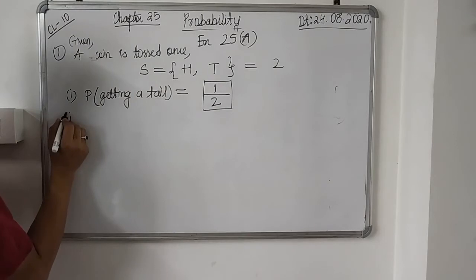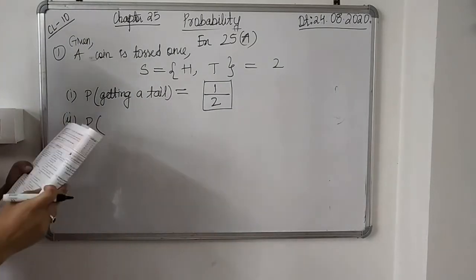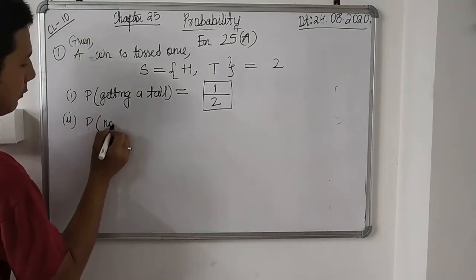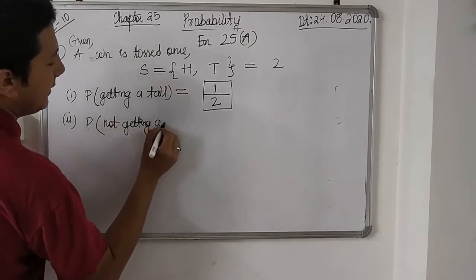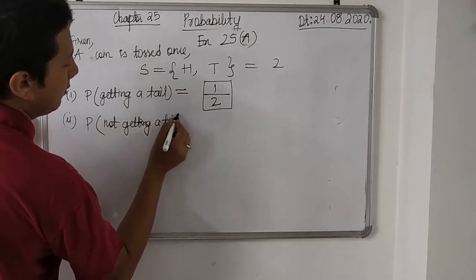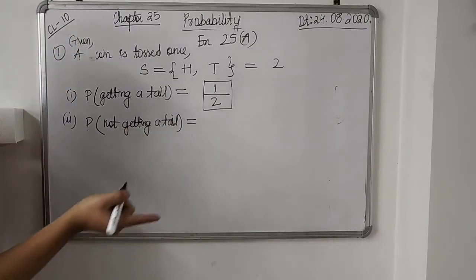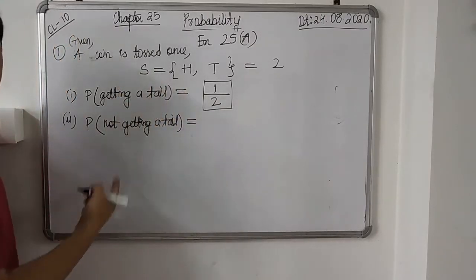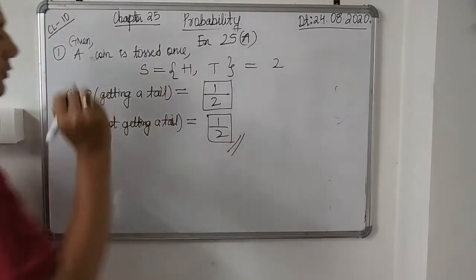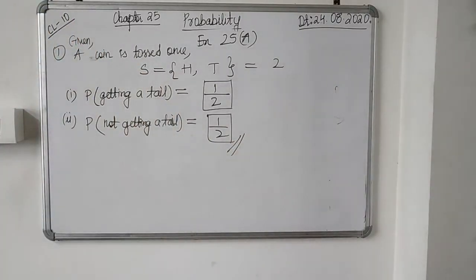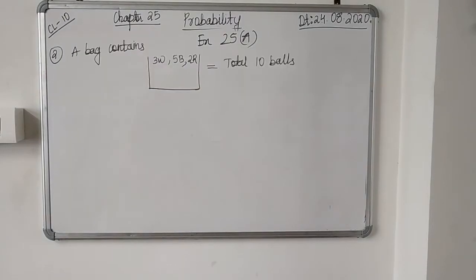Let's move to number 2. Probability of not getting a tail. Not getting a tail means obviously head. So how many chances? 1 divided by 2. This is your answer. Please pause the video, note it down.